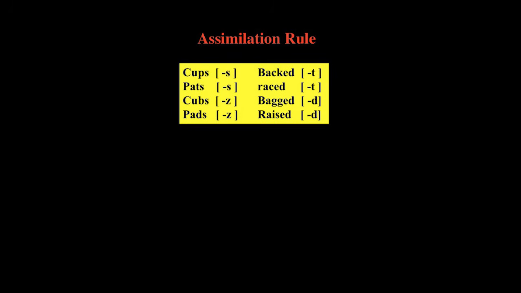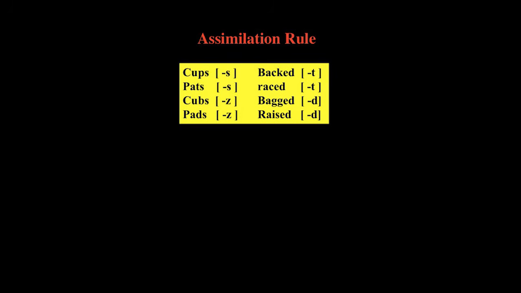Now these changes are actually governed by the phonological context or the phonological environment where exactly they exist. So if s is preceded by a voiced consonant, it is actually pronounced as z. But if it is preceded by a voiceless consonant, it actually changes to s sound.